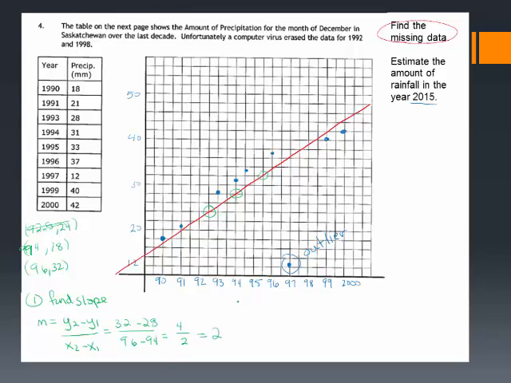Then I need to find the equation. So I'm going to plug this in using y equals mx plus b. And I'm going to just use the point 94, 28 because it's smaller.